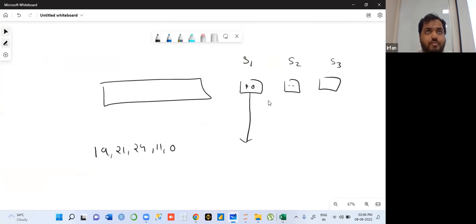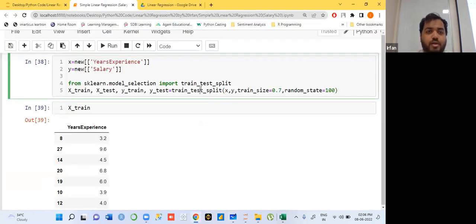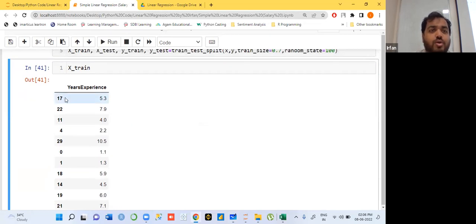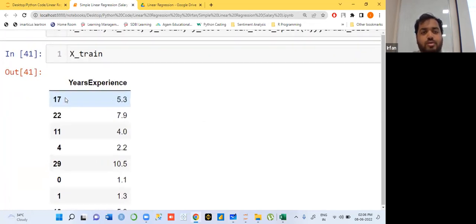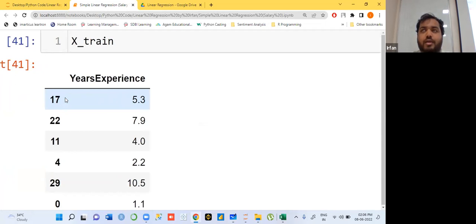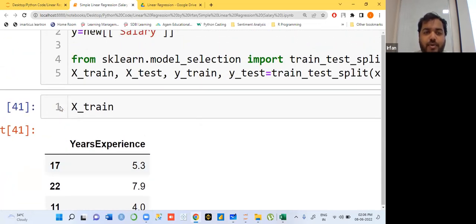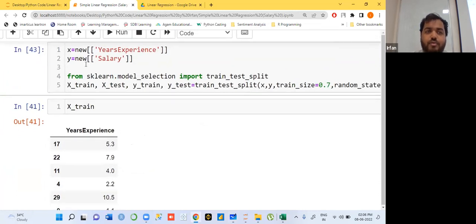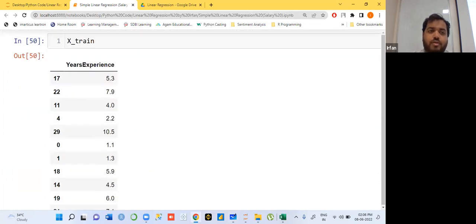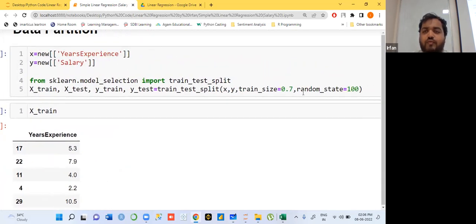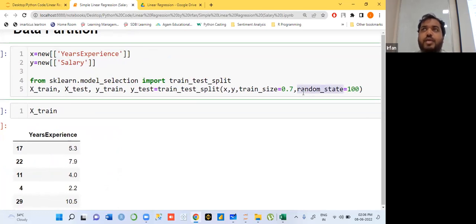S1 people. Got the point? I run this. What numbers are coming? 20, 17, 21, 4. Now guys, again I run this code, and it remains the same. So can I say random state is used to fix the subset?